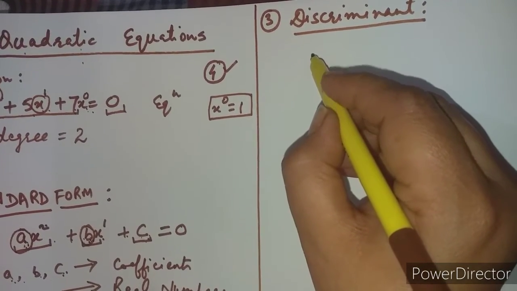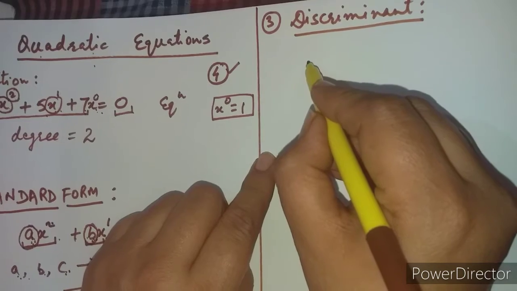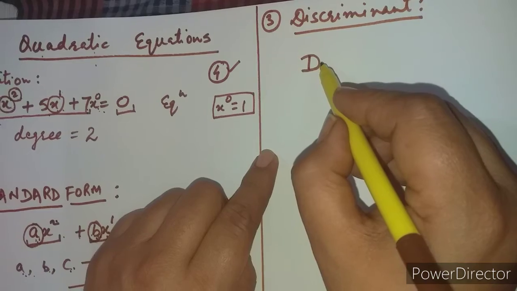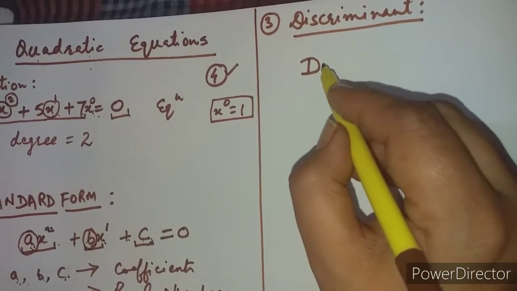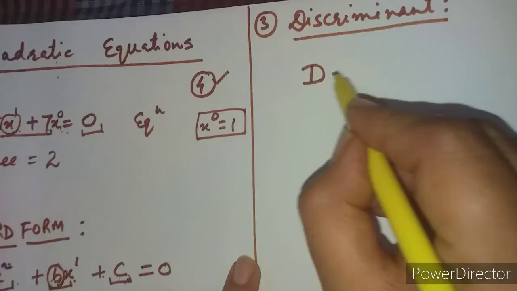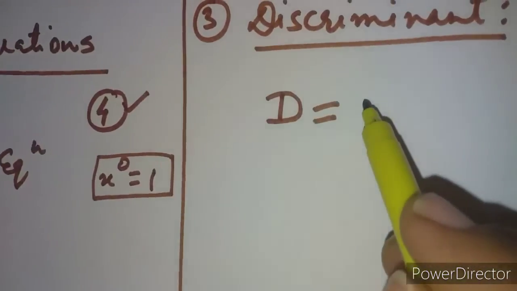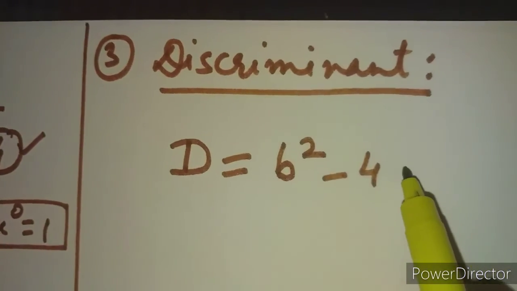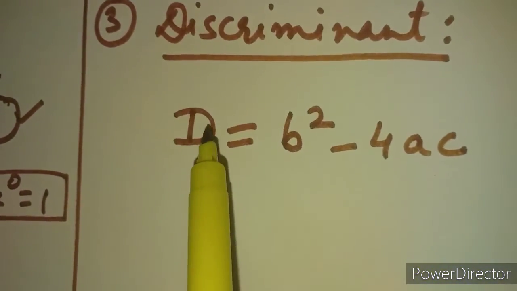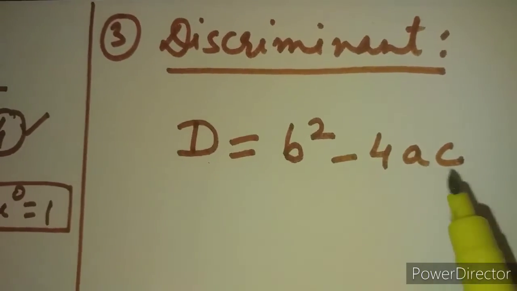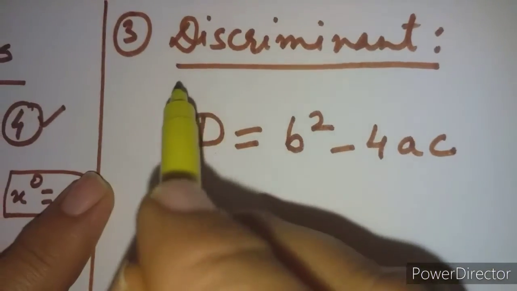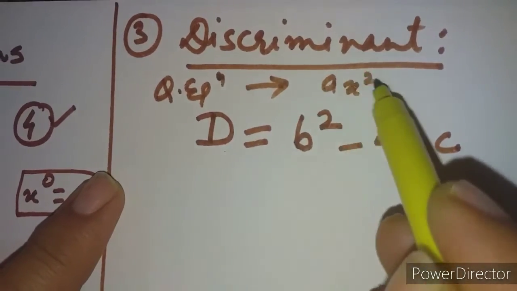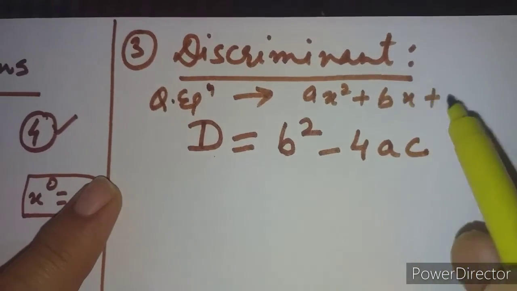I will denote it by capital D. Discriminant in our quadratic equations is denoted by capital D. The formula for the discriminant is, most important formula, please check carefully, b square minus 4ac. The formula for discriminant is D is equal to b square minus 4ac. This is the formula when our quadratic equation is like this: ax square plus bx plus c equal to 0.